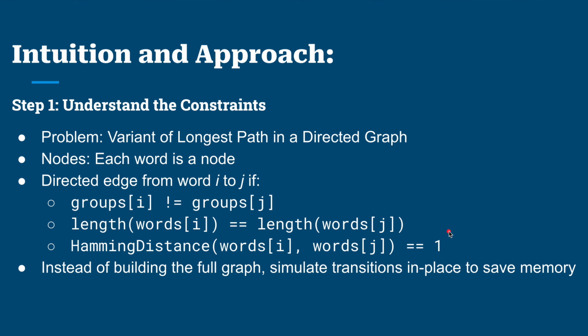But instead of building the full graph, which will take a lot of memory, we only simulate the transitions in place while calculating the longest path. It means you should not build an adjacency list or adjacency map, because that will take extra memory, and then you will get time limit exceeded errors. So make sure when you are writing the code, you do not create the full graph.